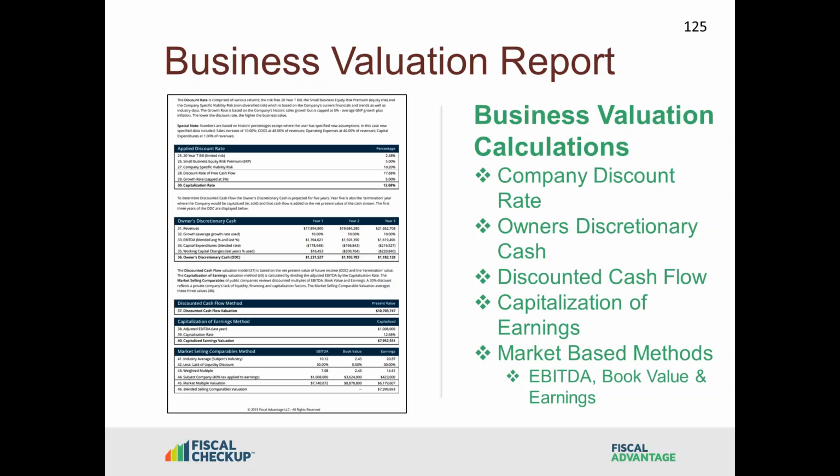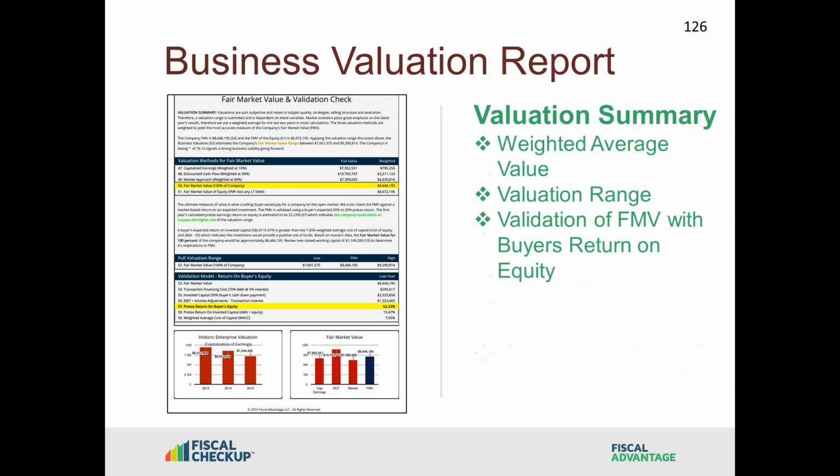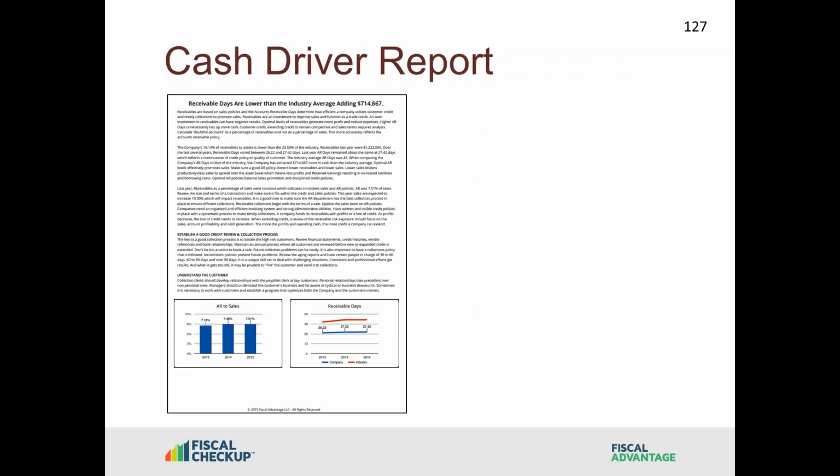The multiples in the market-based section are updated monthly. The top table weights the different methods and estimates the fair market value of the company. A plus or minus 10% range is presented, and then the fair market value is cross-checked by calculating a buyer's return on equity. The cash driver report reviews the balance sheet account.